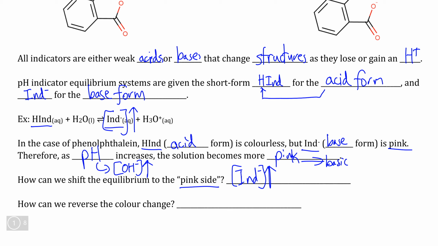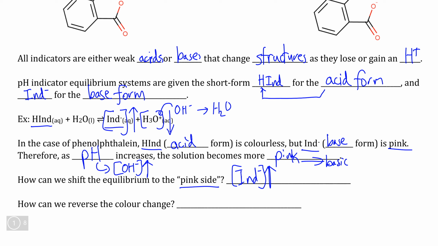Now, how might we do this? Well, we know that whenever the concentration of OH- increases, the solution gets more pink, and we know that OH- is going to react with H3O+, and when OH- and H3O+ react with each other and neutralize to make water, the concentration of H3O+ decreases.